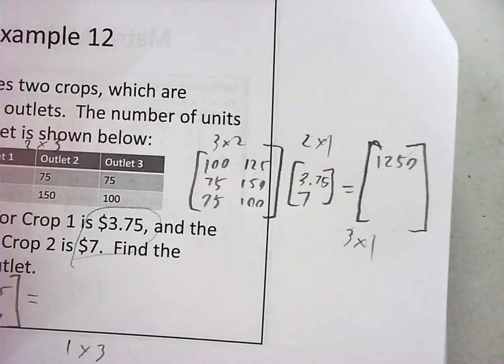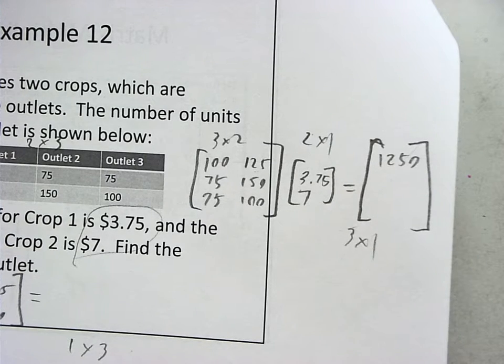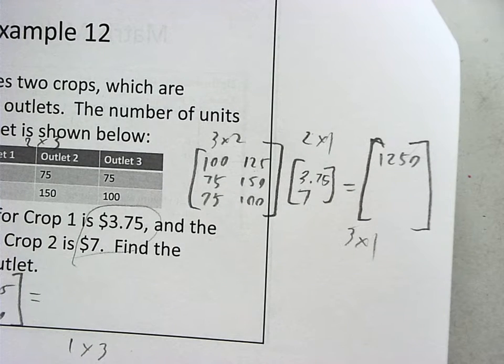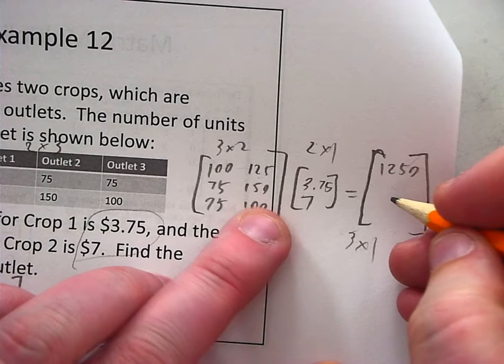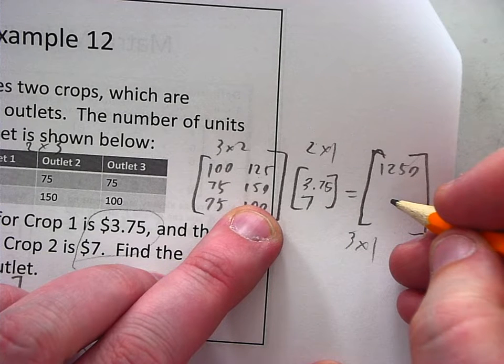You're not going to do that on the next one. 75 times 3.75. What do you get for that one, guys? With the calculators. 281.25 plus. Wait, don't tell me. I got it. 275 plus.